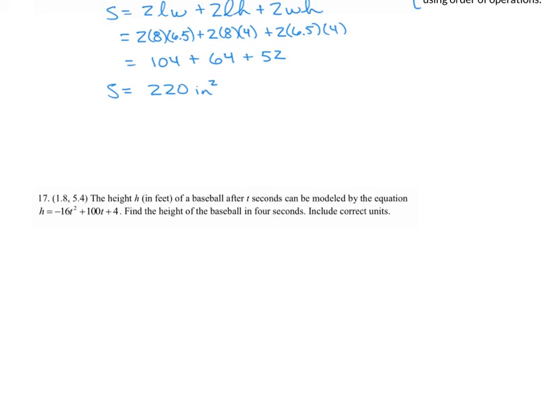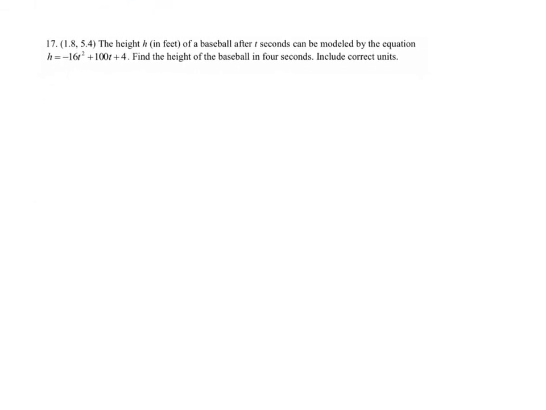Okay, for problem 17, we have the height in feet of a baseball after t seconds can be modeled by the equation h equals negative 16t squared plus 100t plus 4.